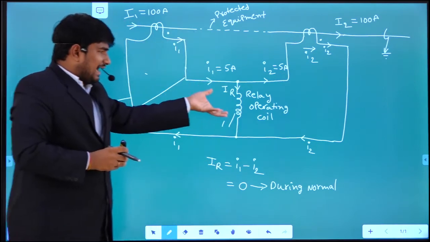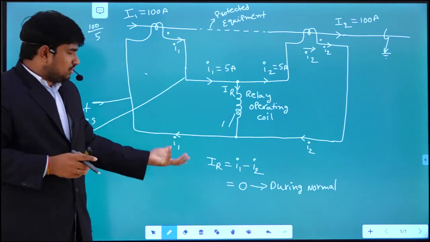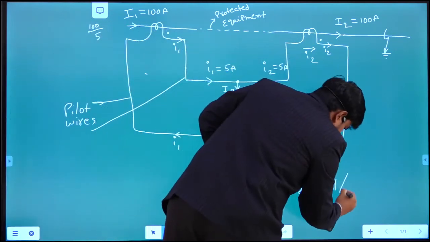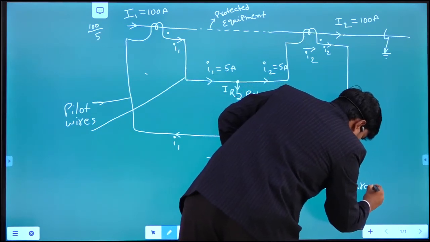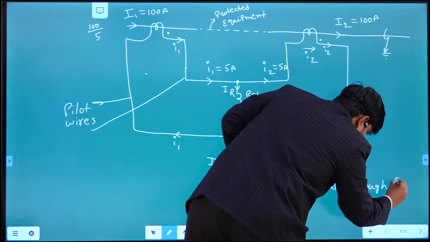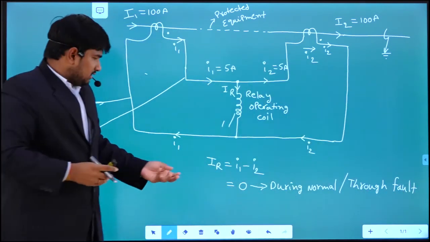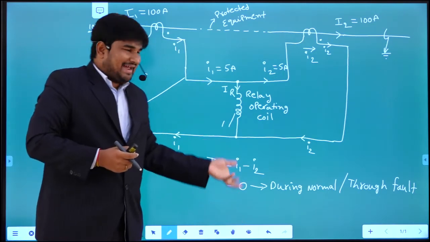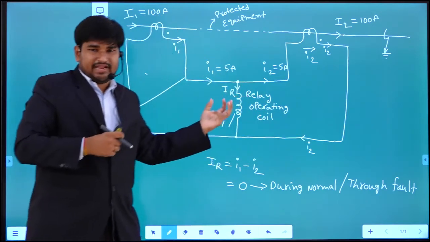Then what is the current passing through the operating coil? That is 0, obviously. So during normal operating condition or during a through fault, the operating current through the operating coil will be 0. Hence, no signal is generated to the circuit breaker.